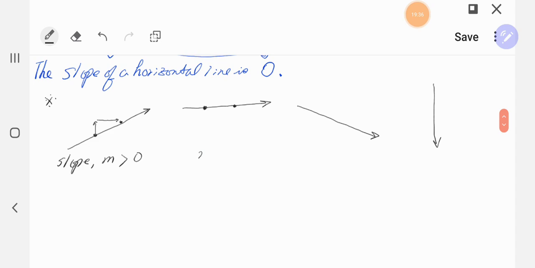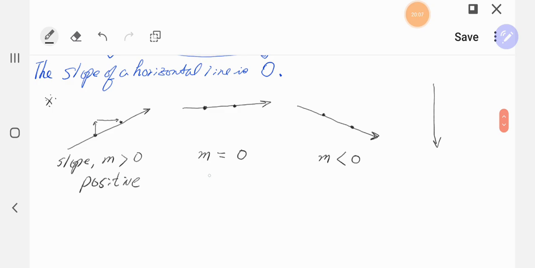We know that for horizontal lines, the slope is 0. Why? Because they have the same y value, so rise is 0 and run is a certain amount. Okay, if the right end is going down, then the slope is negative. I will use less than 0. Okay, m is a number that's less than 0. This means negative. Okay, positive.